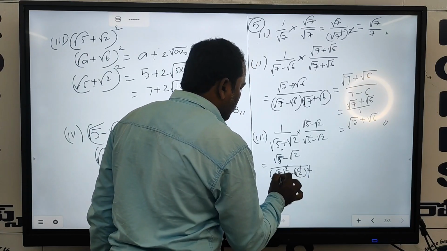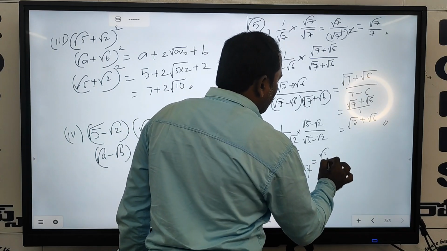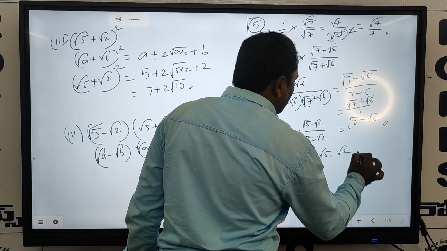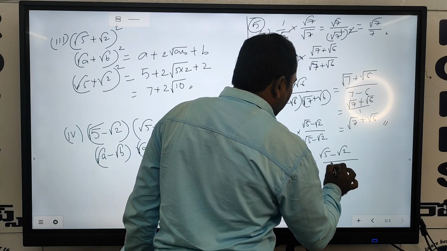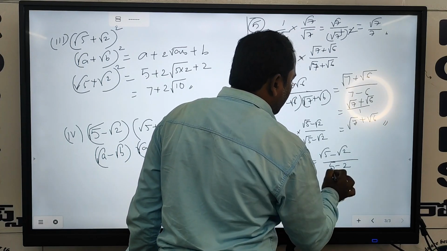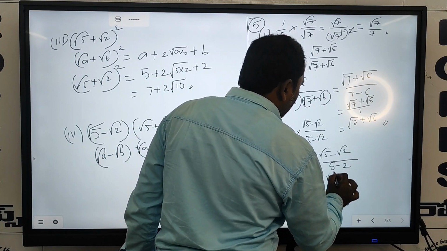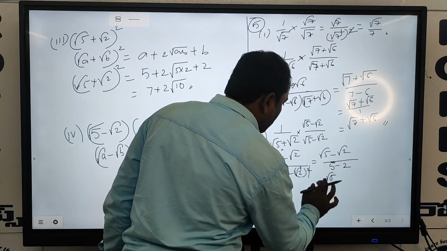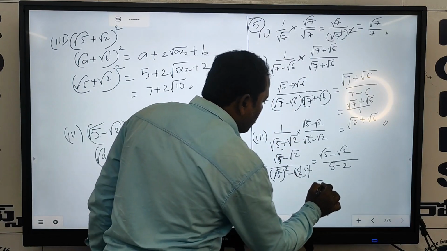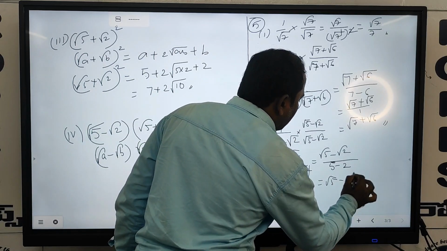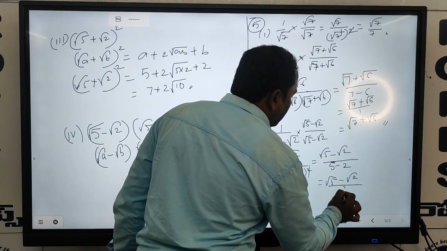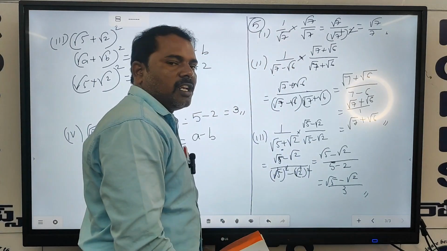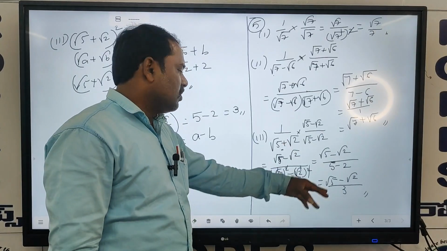The square root cancels. So (√5 - √2) by 5 - 2, 5 - 2 is 3, then (√5 - √2) by 3. This is the rationalization after we got this one.